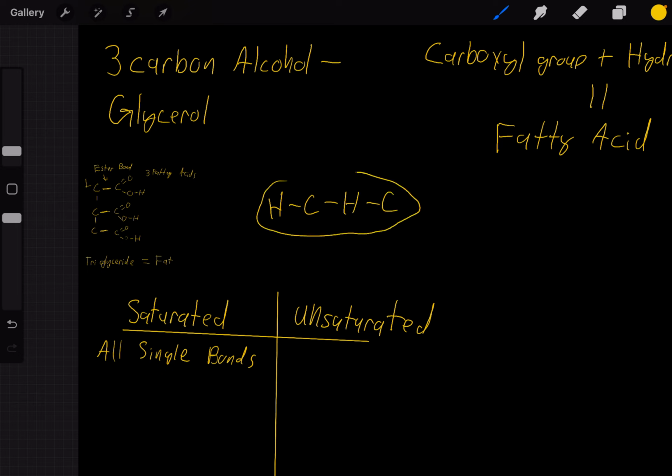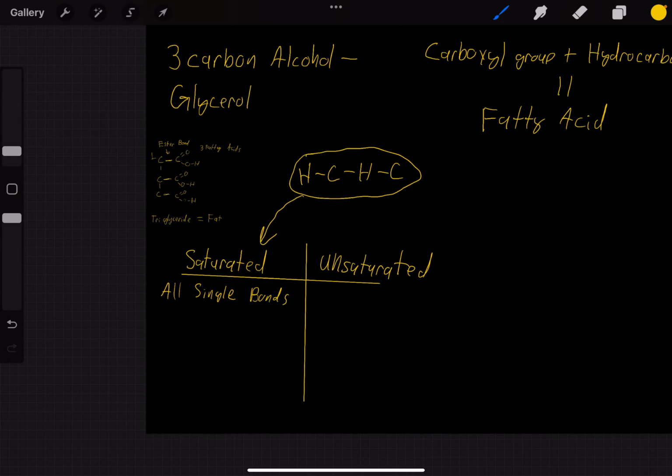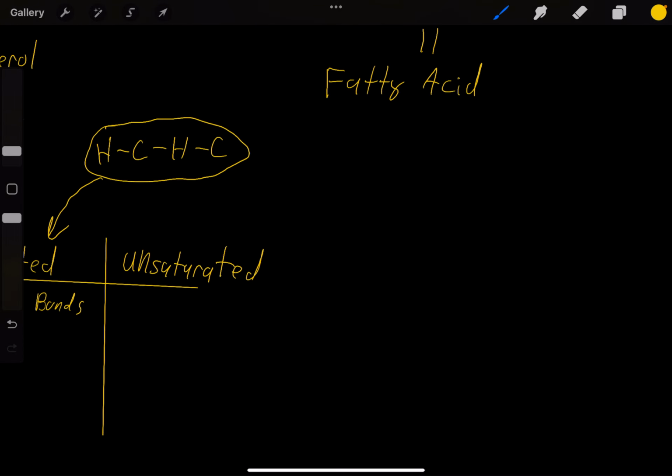This would be considered a saturated hydrocarbon end, and an unsaturated would look something like this. It would have an H, C, and then it might have a double bond, which creates a kink, and you could also have another one, which would then create another kink.